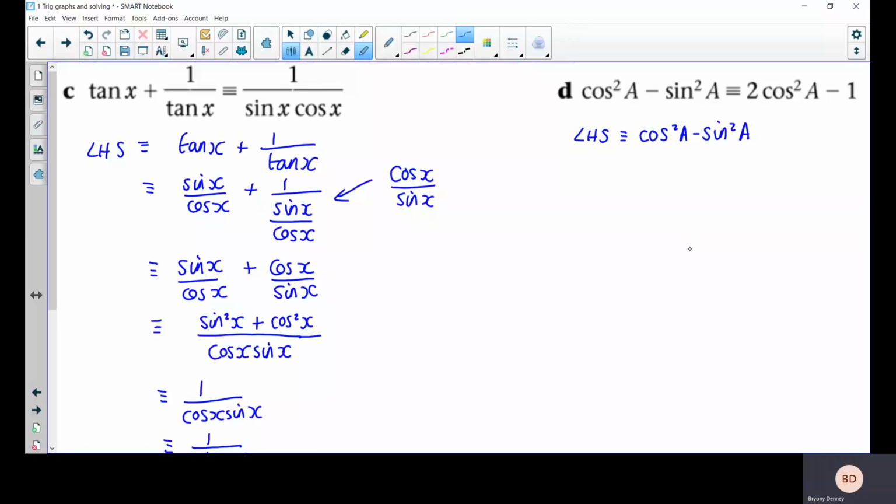Sometimes it's best to start on the side where you've got an idea of how you can start manipulating it. So remember, this isn't an identity. We've got to have an add there for the two terms to be equal to 1. But I could change sine squared a into 1 minus cos squared a. So that's what I'm going to do.